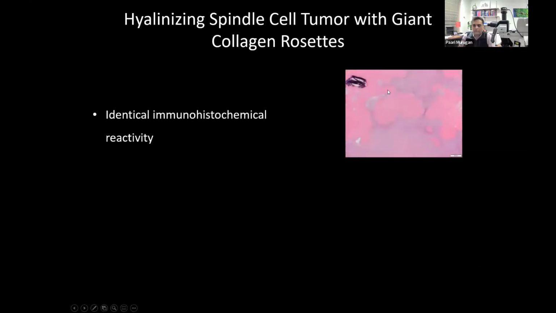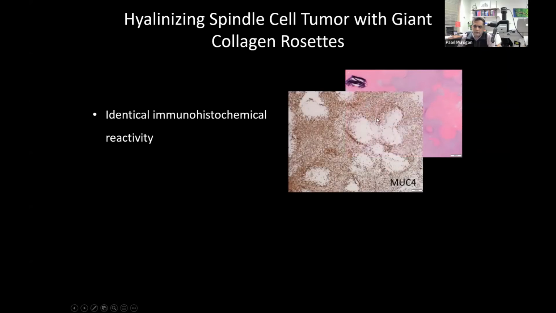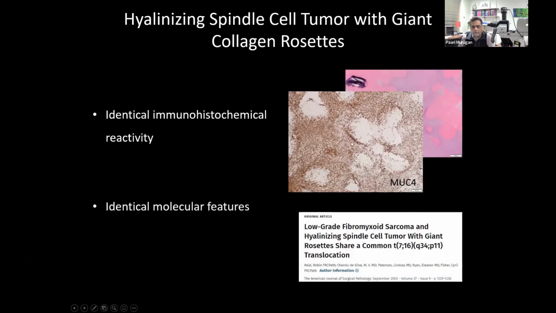So you can see here's a case of giant rosette tumor, and this is MUC4 in this tumor, and it's diffusely strongly positive. And they were also shown to have identical molecular features with the fusion between the same FUS and CREB3L2 gene. So as of now, we know this is simply a morphological variant of LGFMS and not a separate entity as such.